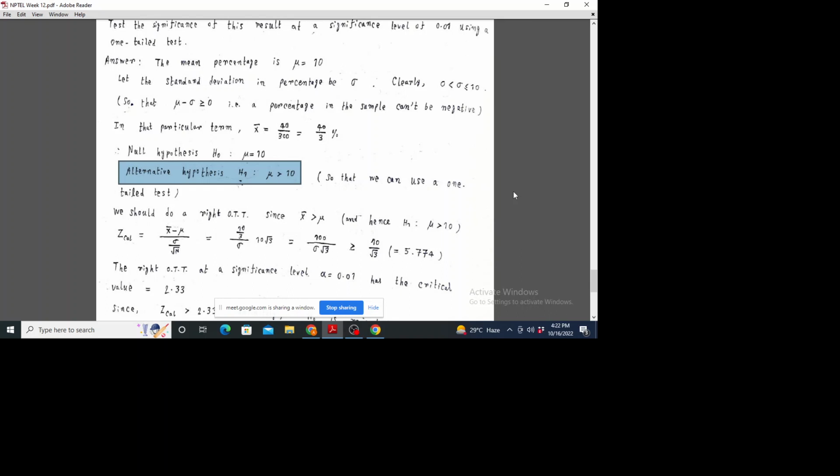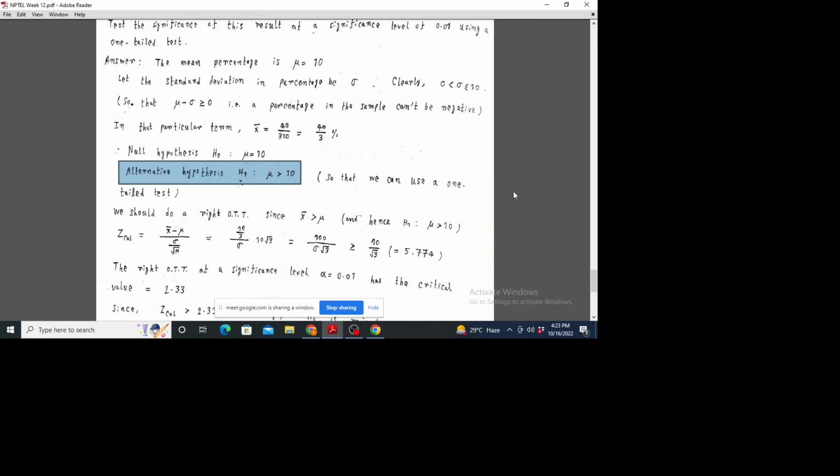And we are also asked to use a one-tailed test. So that means we cannot write the alternative hypothesis as mu not equal to 10. It has to be a greater than or less than kind of alternative hypothesis.